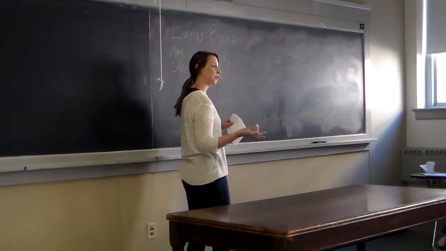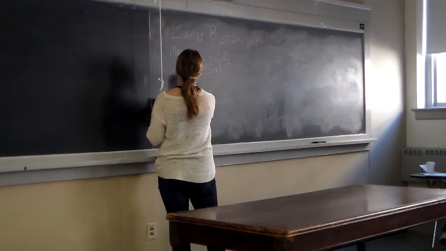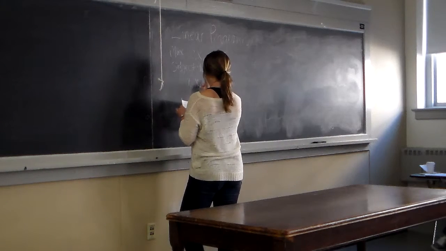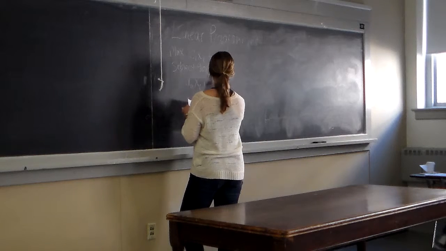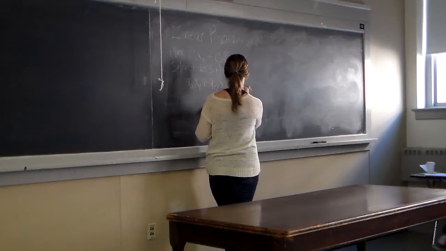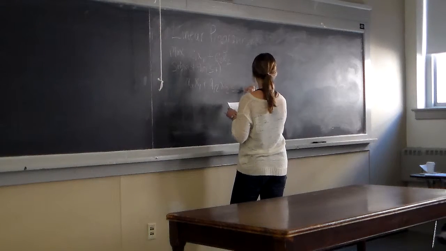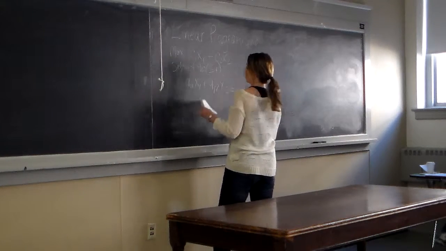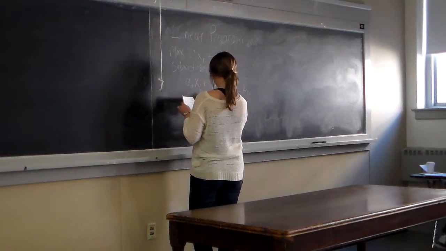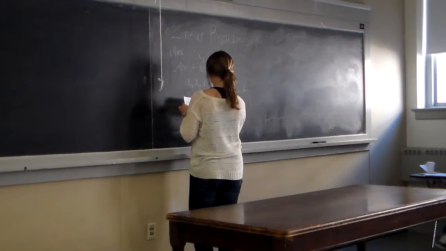So these are going to be first our inequality constraints, which a basic one would be some production constraints. So this could be, we are only producing a certain amount total, or we're only producing a certain amount of one, or something along those lines.